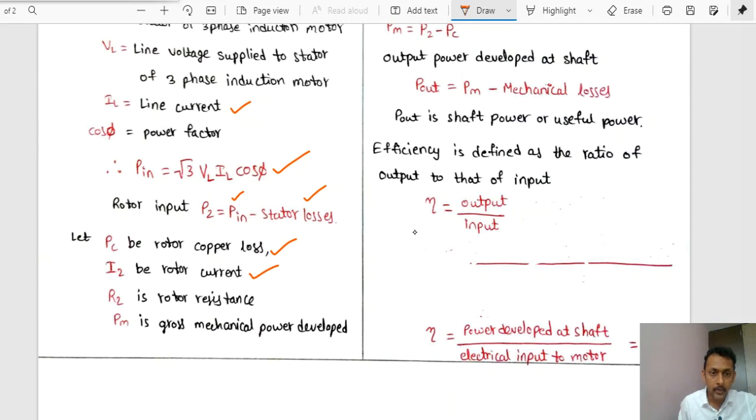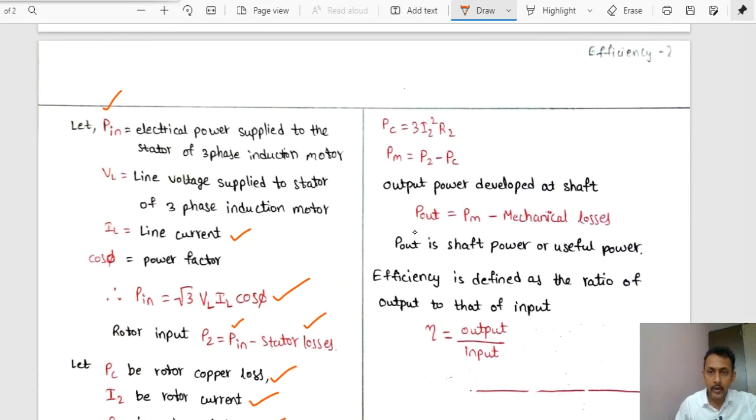Now let PM be the gross mechanical power developed. So here PC, the rotor copper losses, will be equal to 3 times I2 square R2. I2 is the rotor current, R2 is the rotor resistance.